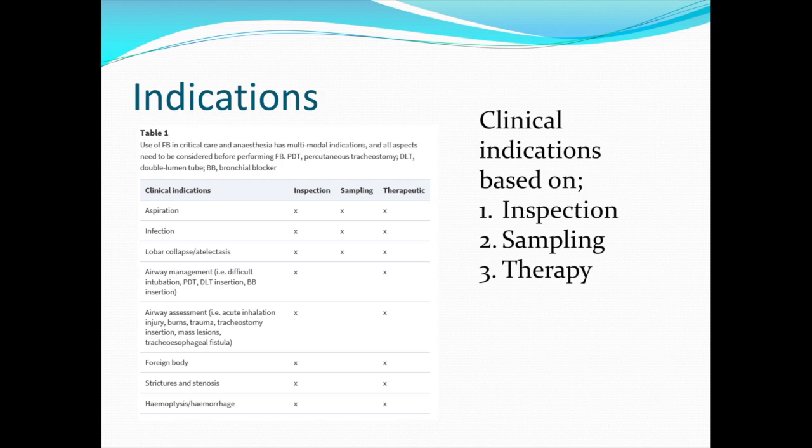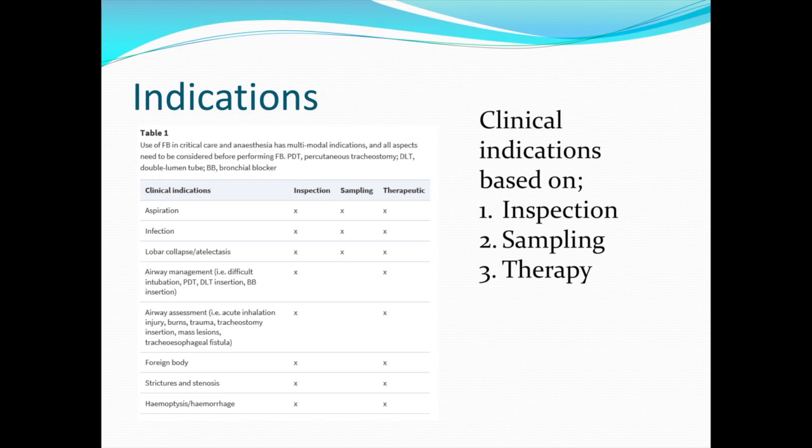However, aspiration of particulate food, even with a pH greater than this, can cause significant pulmonary damage, and hence bronchoscopy can be used for both sampling and therapeutic removal of this gastric contents.